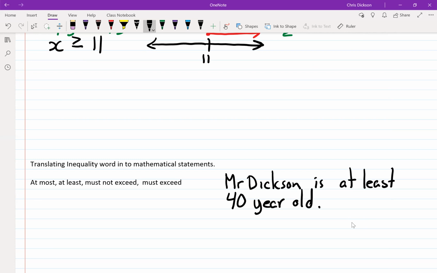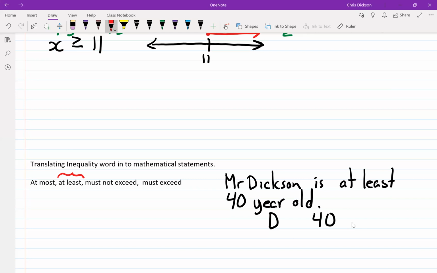So Mr. Dixon is at least 40 years old. Okay, so let's say D is for Dixon. So I'm going to say D, and he's something about 40 here. Okay, so I'm looking at the word at least here. Does that mean I'm 40 and older, or does that mean I'm under 40? What do you guys think?